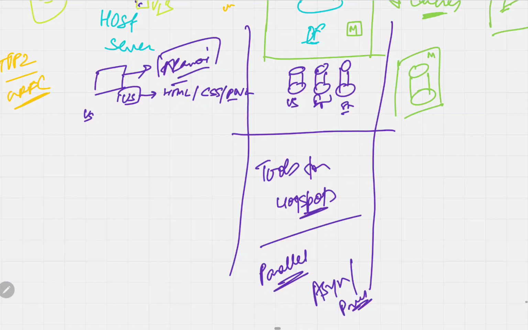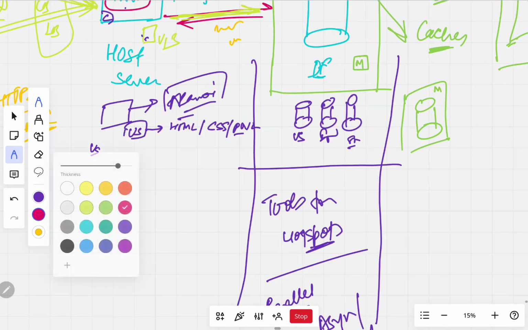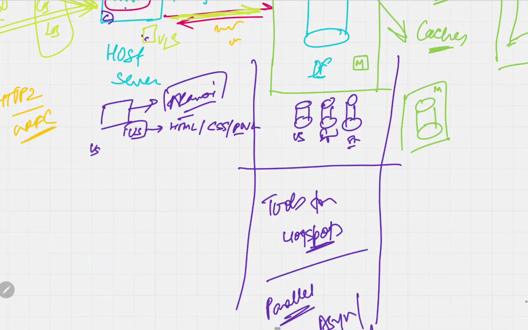Now let's try to cover other points quickly. I was at the network point, right? Network: you have to think of having persistent connections.